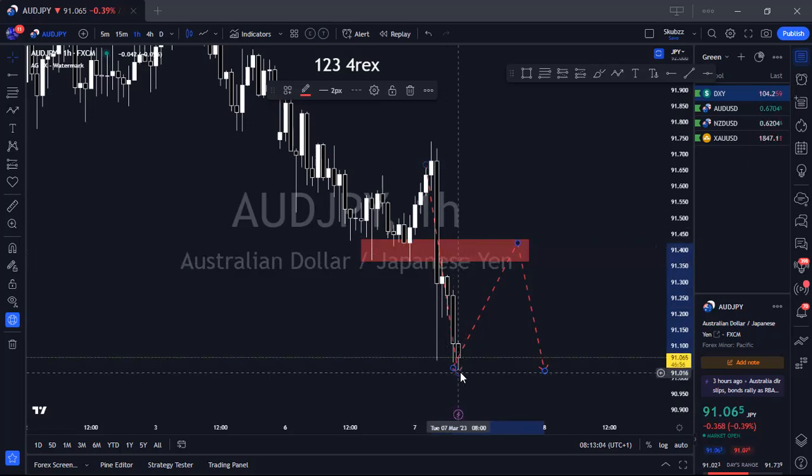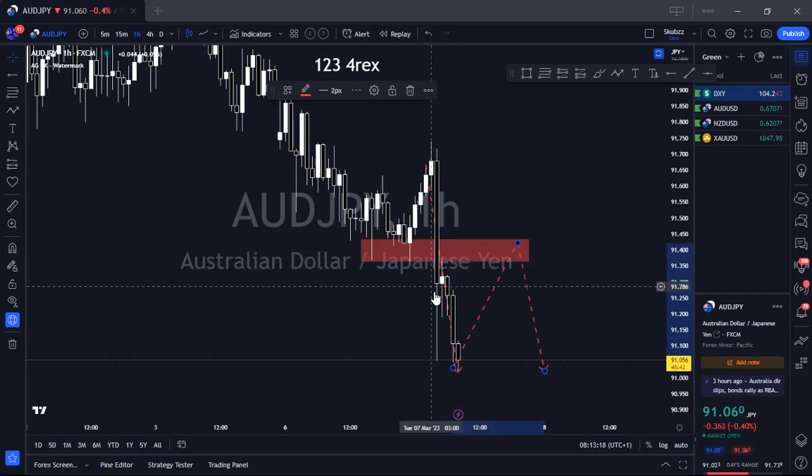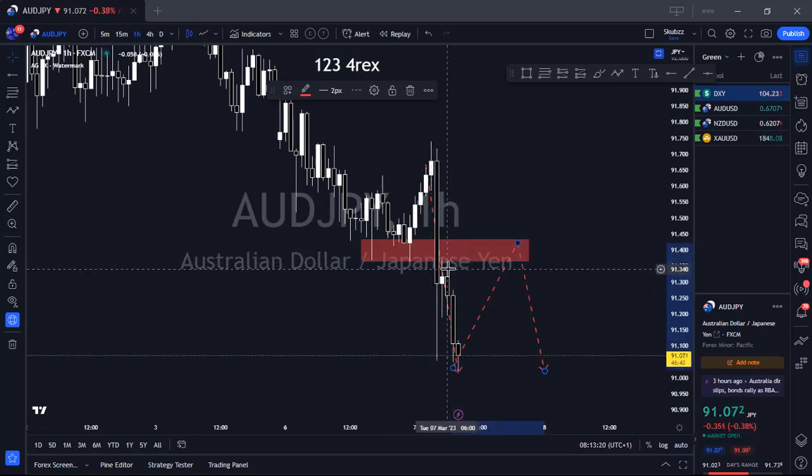On M15, the moment I see any retest, it's safe to take it. If the 1H actually breaks, you can look for that weakness on the M15. If you see it, you can take it.